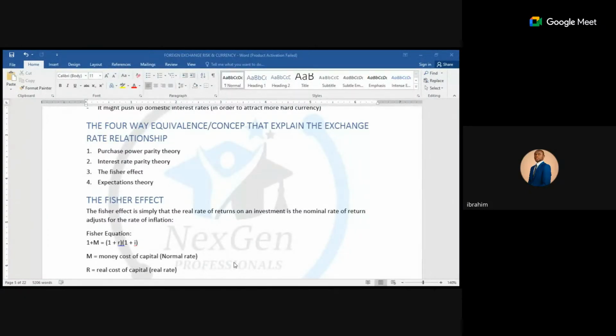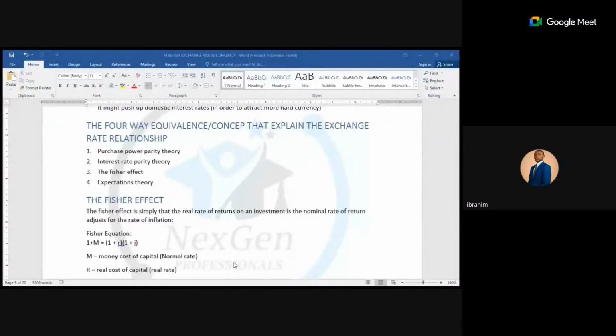Now, what are the concepts that explain the exchange rate relationship that you may see in a question under international investment? It may be on purchasing power parity, interest rate parity, the Fisher effect, and expectation. You see the Fisher effect, we've done that under our capital budgeting, which is the money cash flow, the real cash flow, the money cost of capital, the real cost of capital.